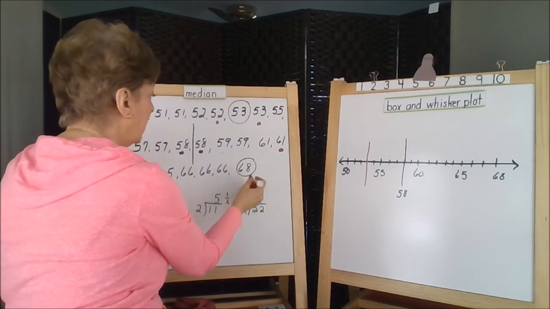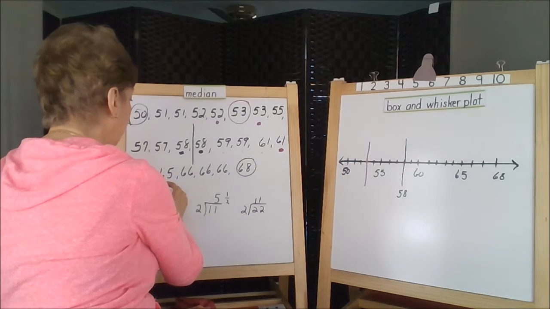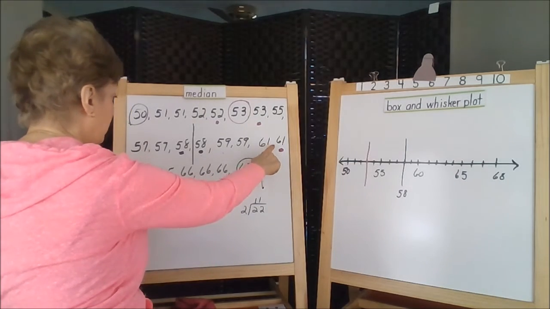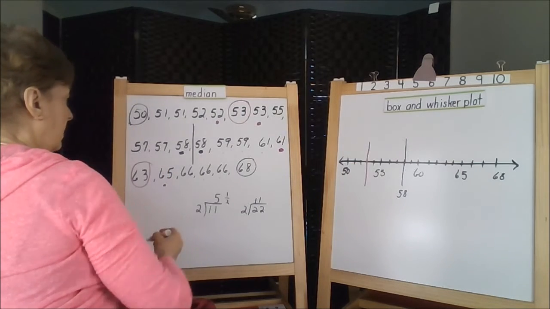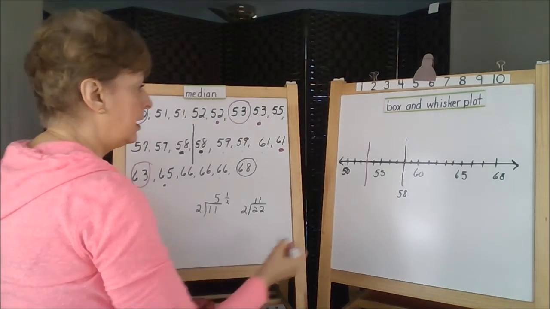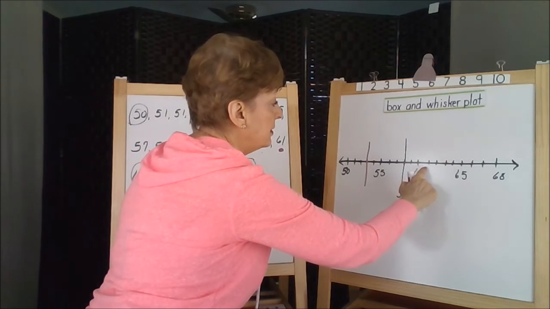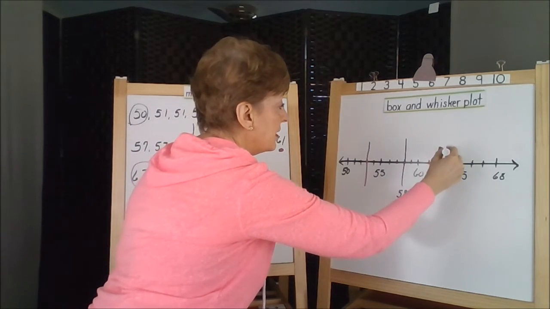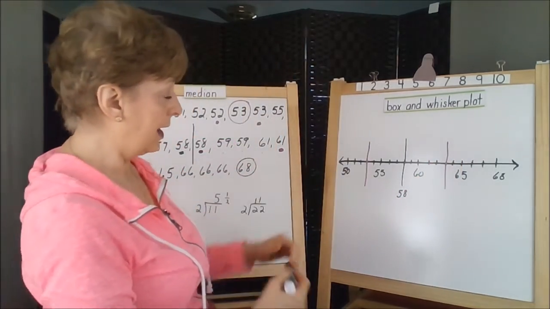And from the back, we're going to count 1, 2, 3, 4, 5. And then the number that's between them is 63. So 63 now comes over to our box and whisker, 61, 62, 63. The rest of this is just connecting these lines.